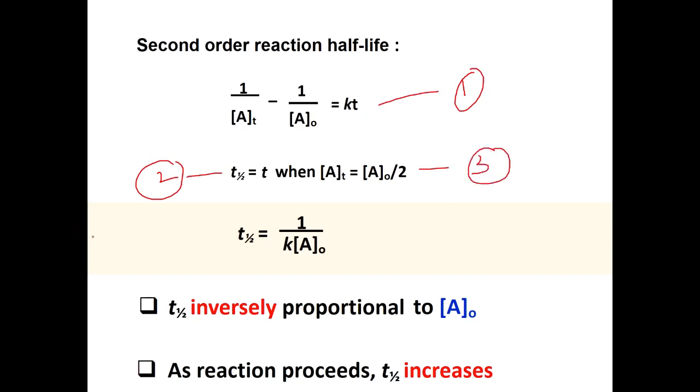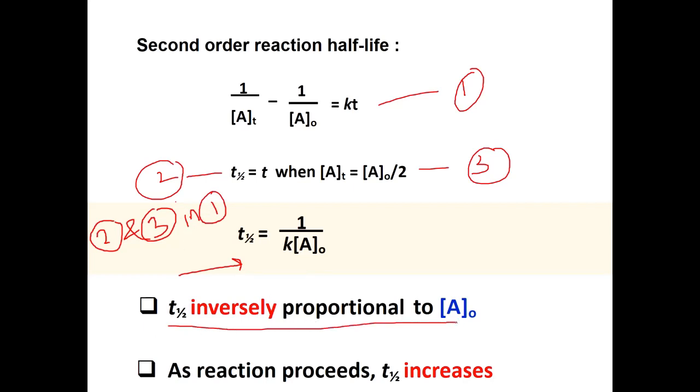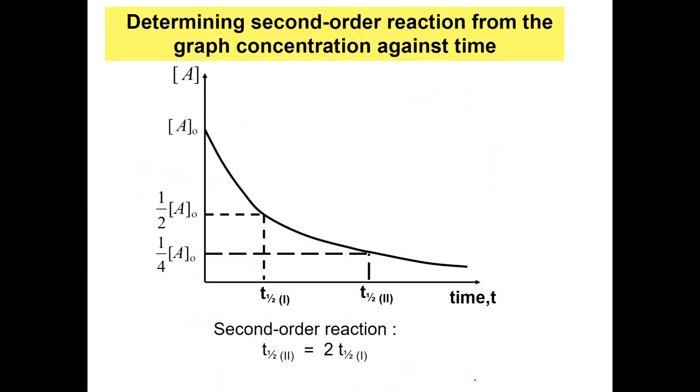Now you substitute 2 and 3 in 1 to get this T half. Then your T half is inversely proportional to the initial concentration A. As the reaction proceeds, your T half increases.